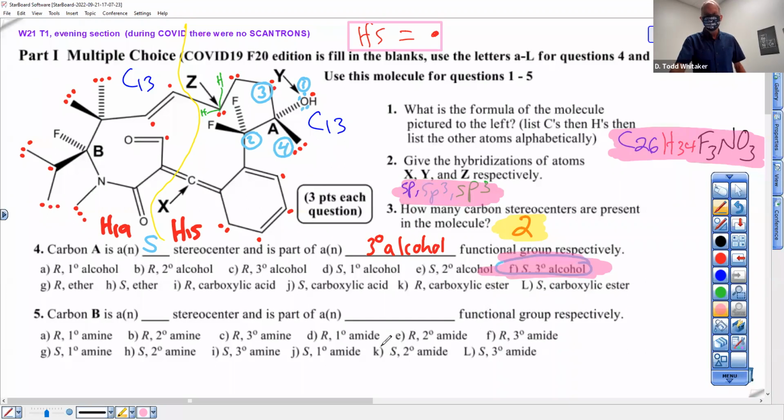Amide has the carbonyl. So get rid of all the amine answers and pick the amide answer that has 3 carbons attached to the amide. Because look, this nitrogen has 3 bonds to a carbon. It's a tertiary amide.